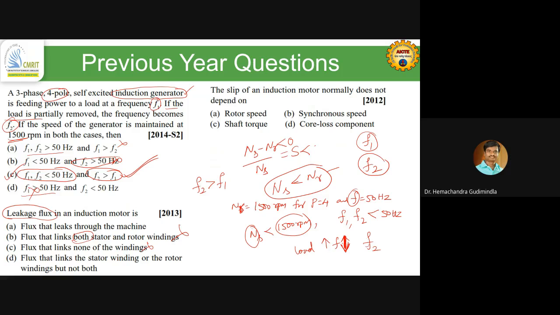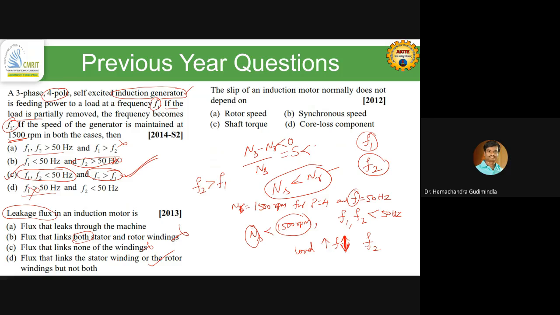Flux that links with the stator winding or rotor winding, but not both. Because if the flux is linked with the stator winding and rotor winding, that will help to rotate the rotor. So that is not a leakage flux. So what is the leakage flux? Either it links with the stator winding or the rotor winding, but not both. So option D is the correct one.